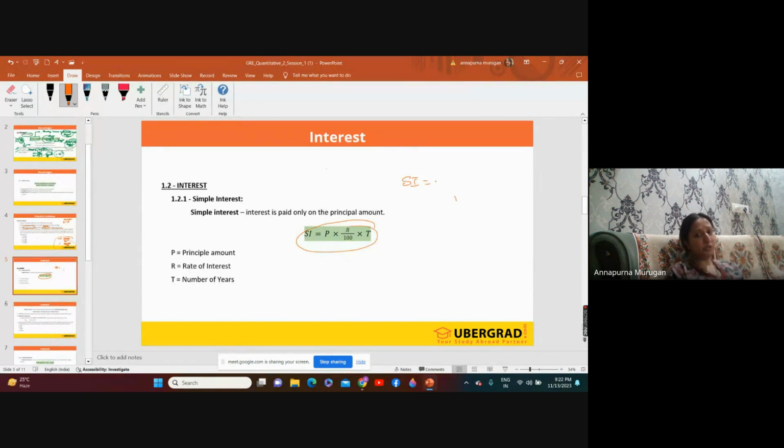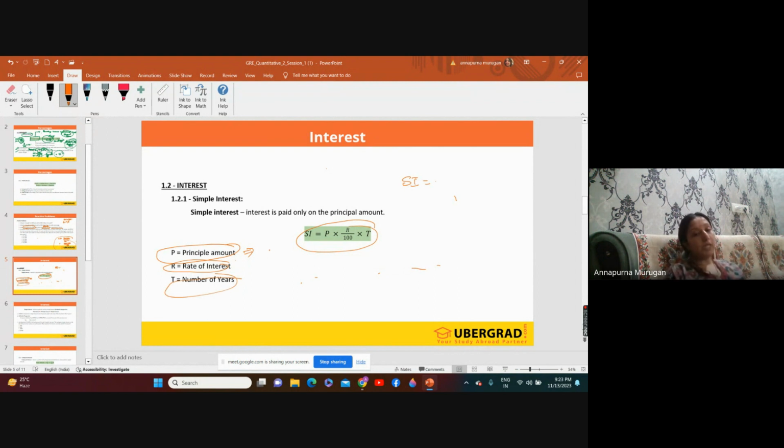P is the principal amount, the amount initially borrowed. R is the rate of interest, the percentage they charge extra per year, and T is the number of years.